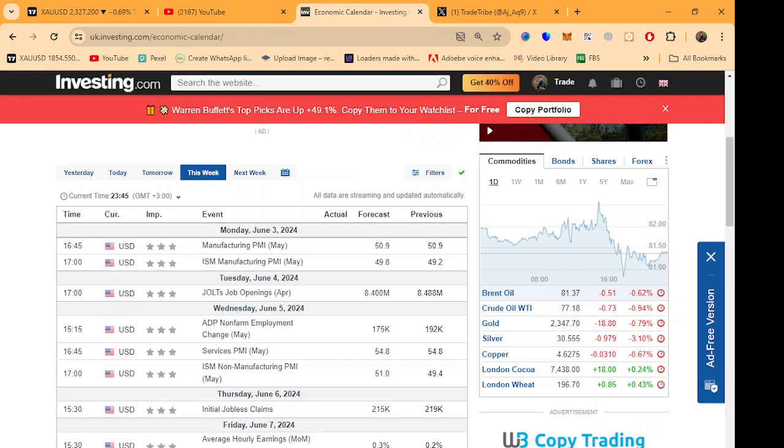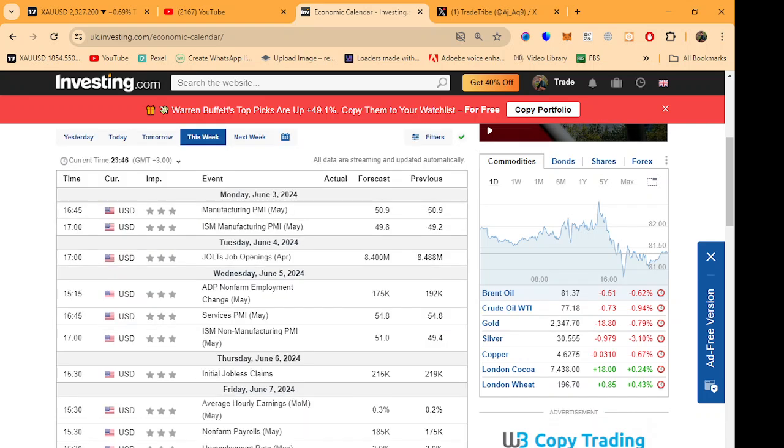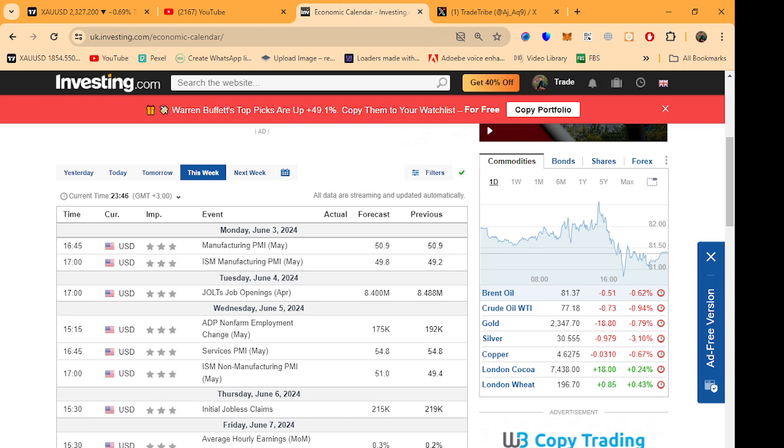On Wednesday, we have ADP non-farm payroll employment. The previous data release was 192K, and they are forecasting 172. If the actual is bigger than the forecast, it will be a good index and good for the dollar. It will make the dollar bullish.